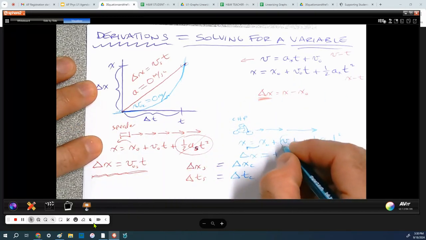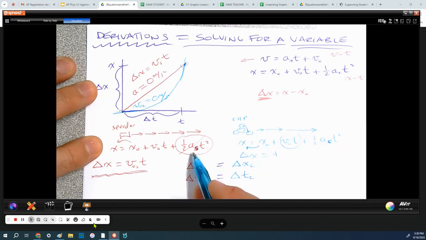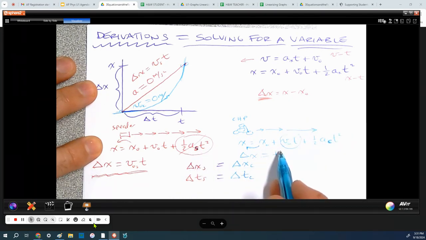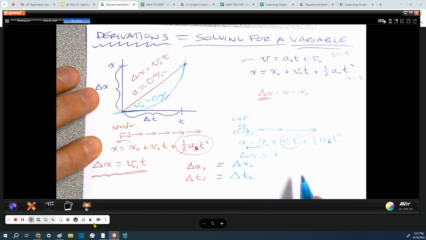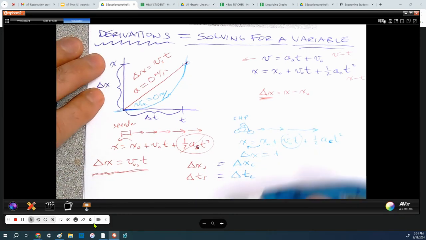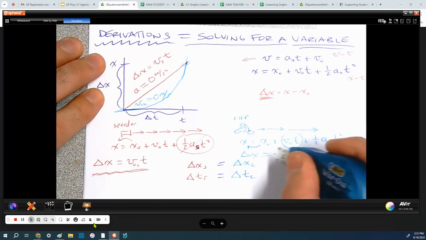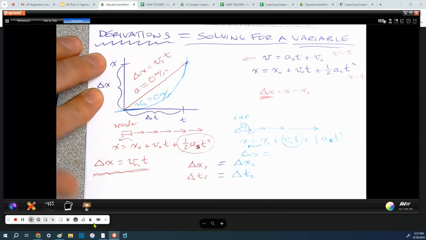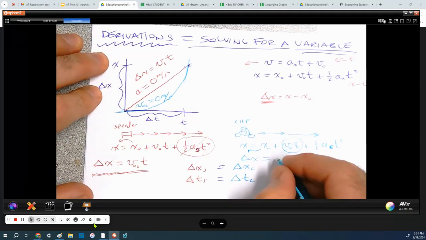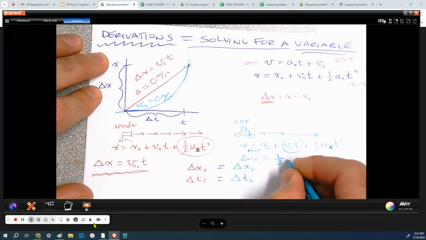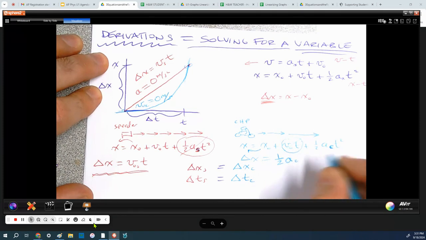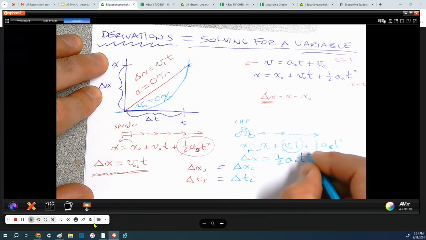So in this case, v naught is 0. In that case, the acceleration was 0. So what do I get? My displacement is equal to, I'm not sure why I put a plus sign there, just 1/2 times the acceleration of the CHP times t squared.